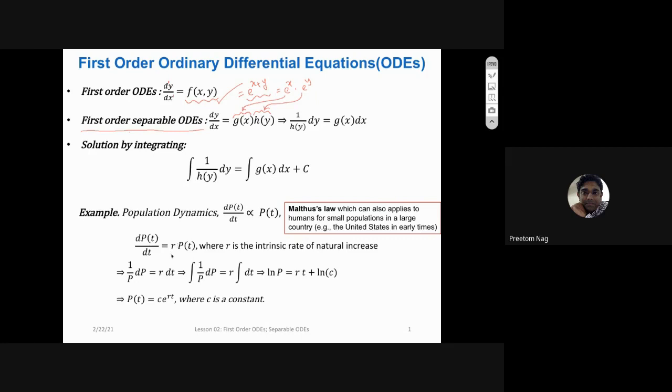Intrinsic rate of population. So then dp by dt can be written as r p(t), where r is the intrinsic rate of natural increase. Okay. So for this case, if you look at here, r is a constant. We have no problem with r, but p is a variable which depends on time t, right? So here t stands for time. Well, so now how can we find out the solution for p(t)? p(t) solution আমরা এখানে কিভাবে পাবো?